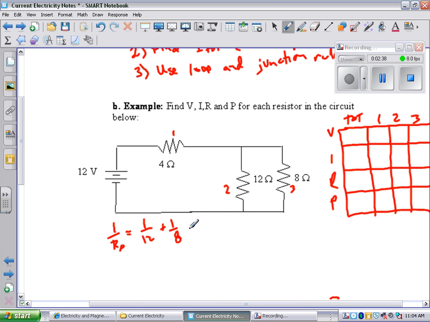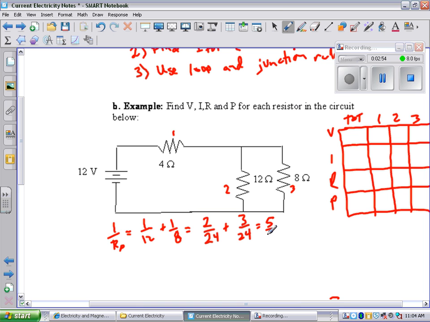The common denominator for that would be 24. So this gives me 2 over 24 plus 3 over 24, which gives me a total of 5 over 24.